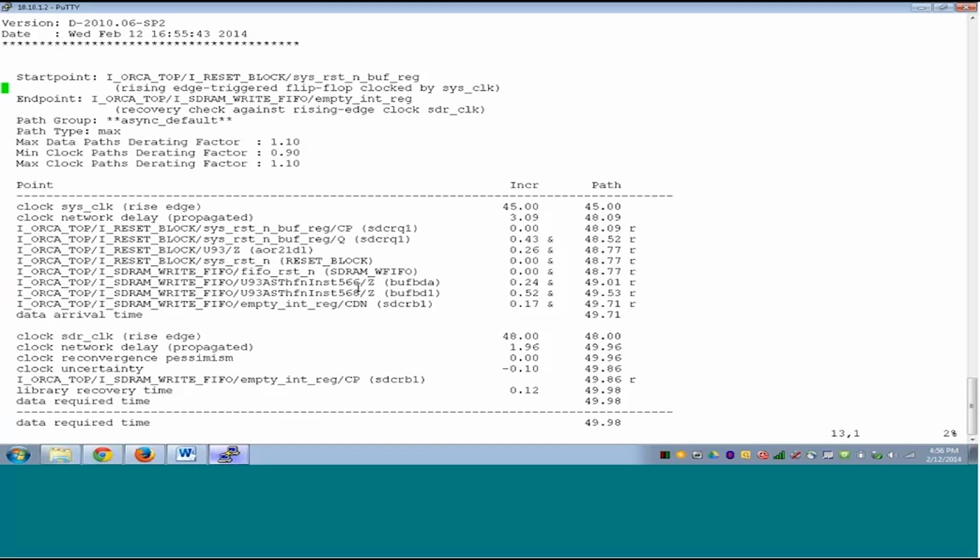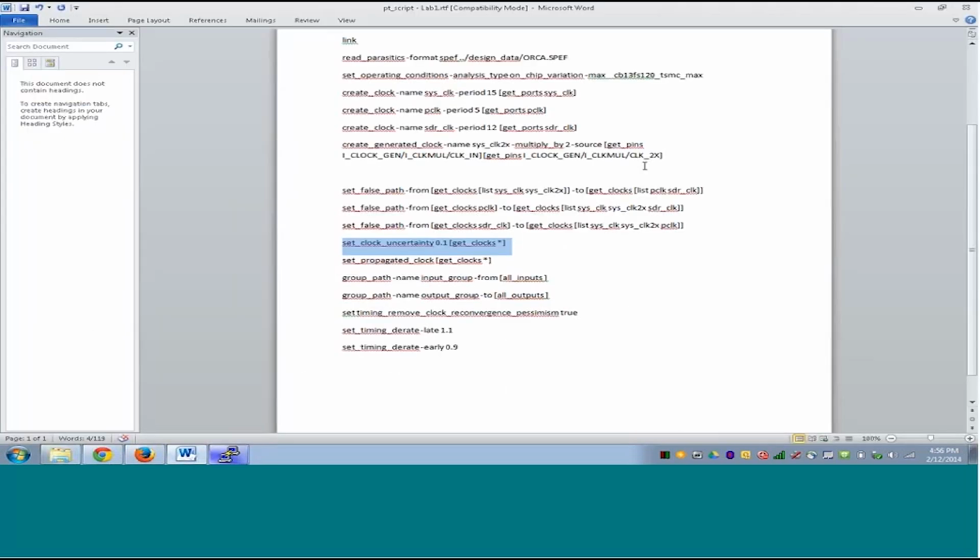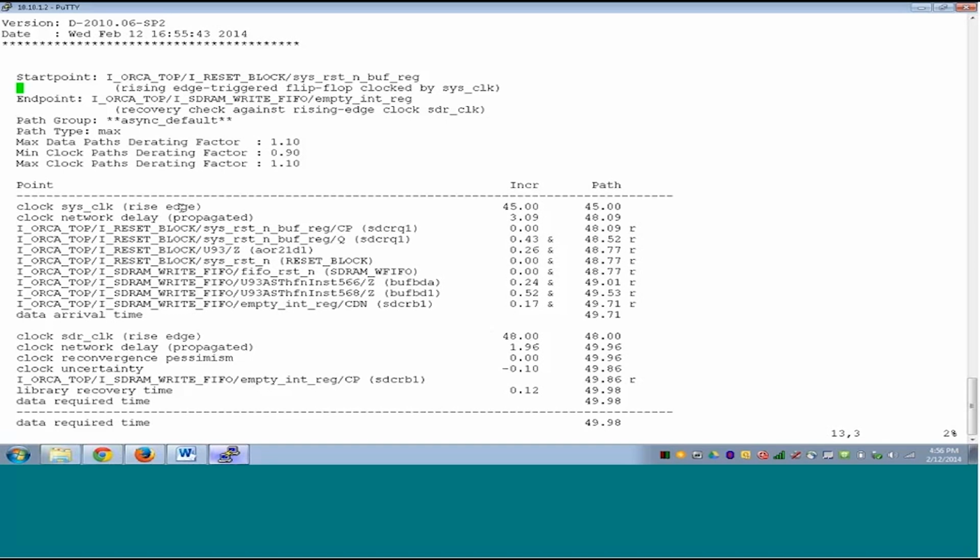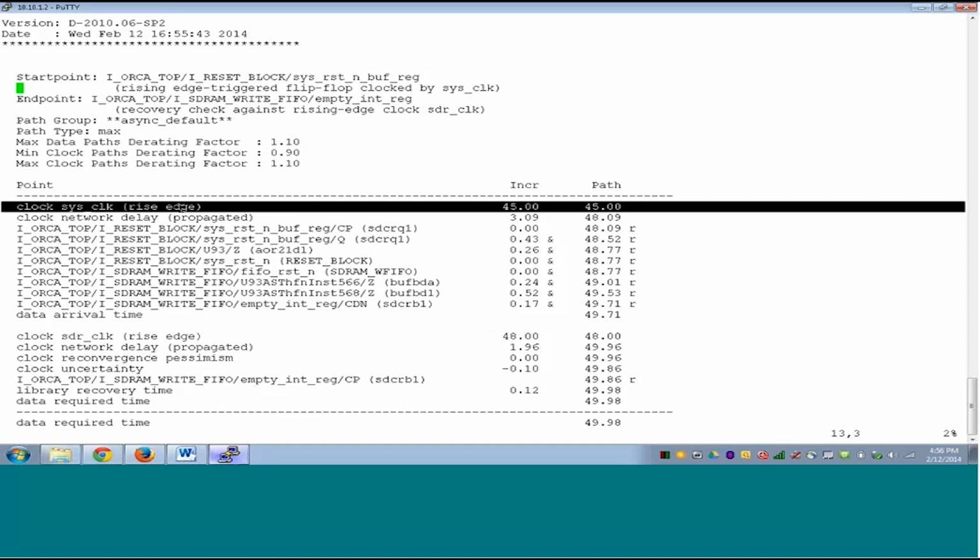Now this is an assignment for you. You know that sys clock period is 15, and SDR clock period is 12. Now you have to convince yourself why the setup edges are 45 and 48. Remember, you have to examine all the setup edges within the LCM period, which is 60.